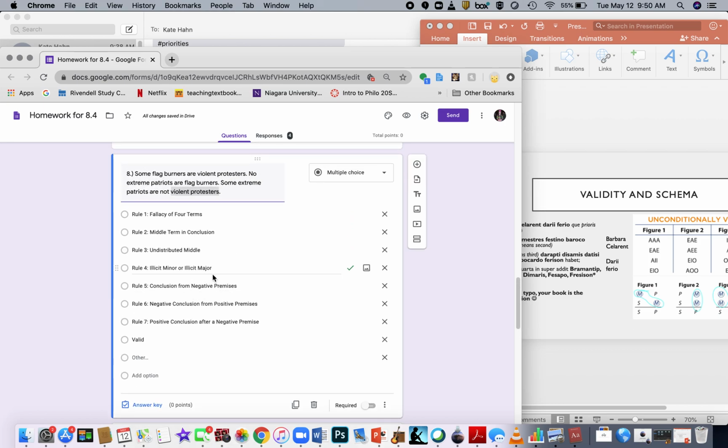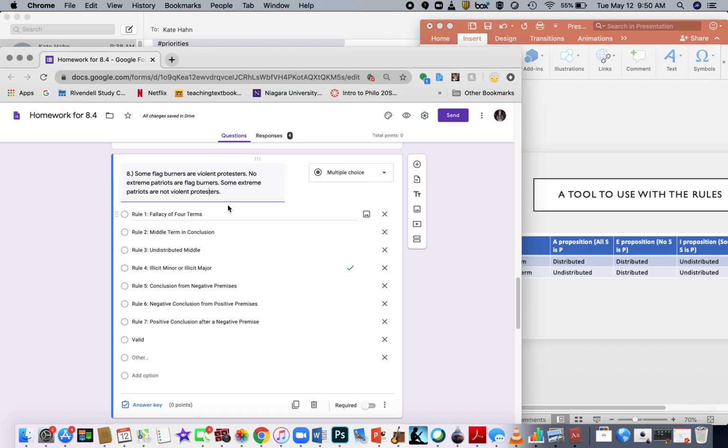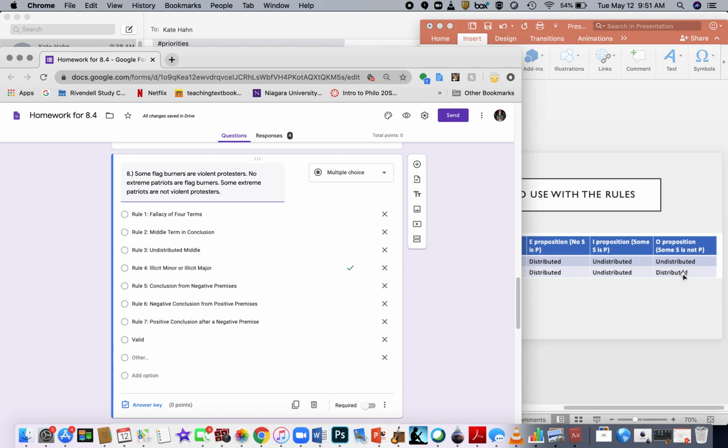We have another illicit minor or major. Let's just do this because I want to go over the distribution again for you. So here you have your minor term, extreme patriots, and your major term, violent protesters. You can go to your O proposition, and you can see that the major term is distributed, because it's the predicate of an O proposition.